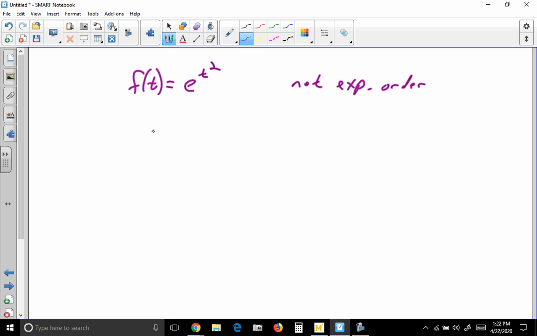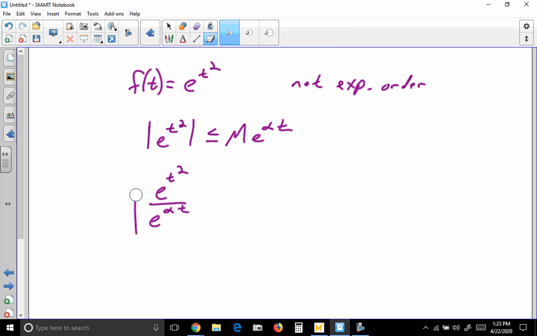If we compare our function e to the t squared, let's see if that's less than or equal to m times e to the alpha t. Divide both sides by e to the alpha t. For simplicity's sake, we're going to drop the absolute value. Here m is a constant; remember, m is a positive constant.